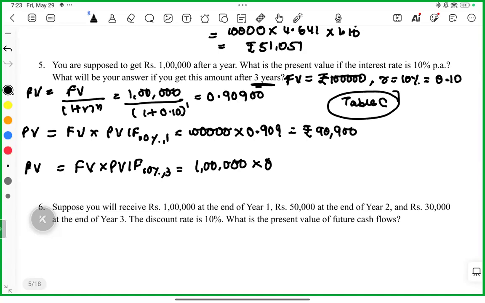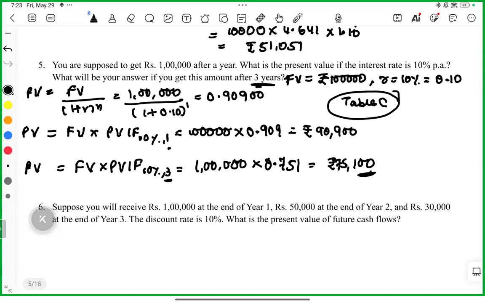Okay, so you will get factor of 0.751 is equal to rupees 75,100. Okay, so you see, as the n increases, the present value also reduces.